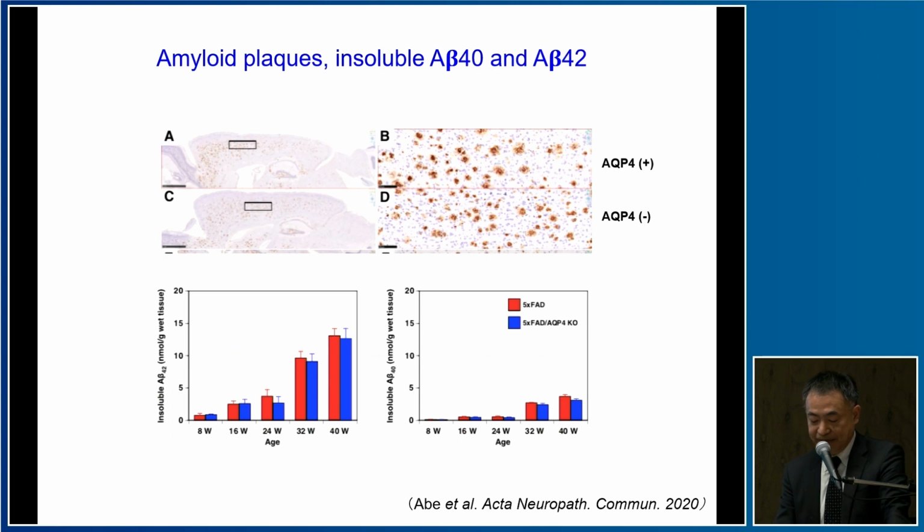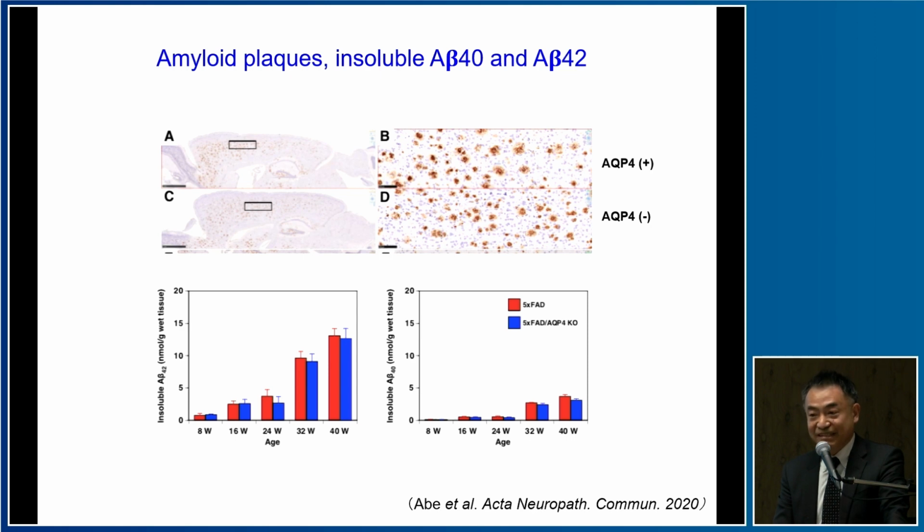Then we examined pathological changes in this Alzheimer model and aquaporin null combined mice. As you see here, the upper panel shows just the Alzheimer disease transgenic model, and the lower one is in the aquaporin 4 null background.